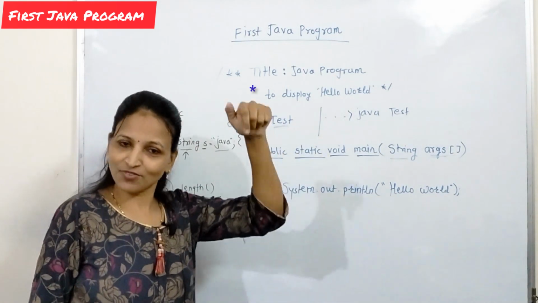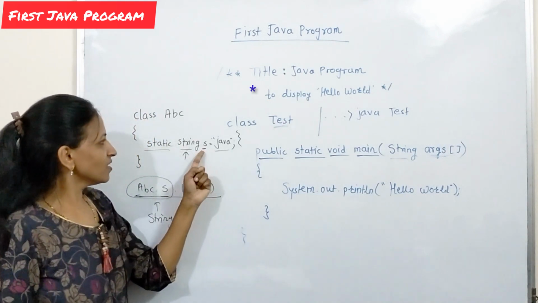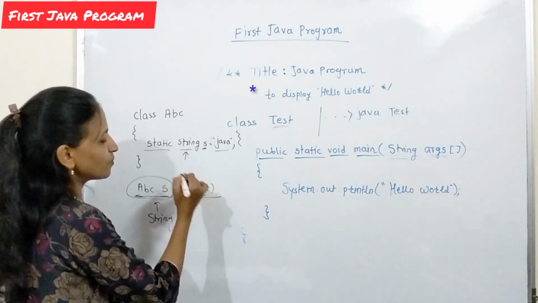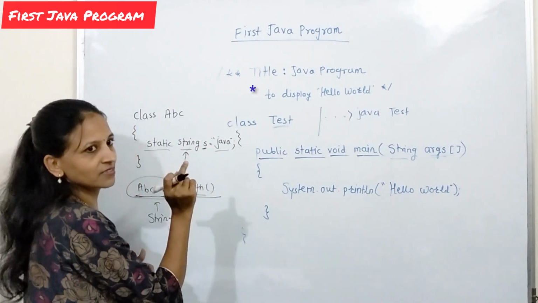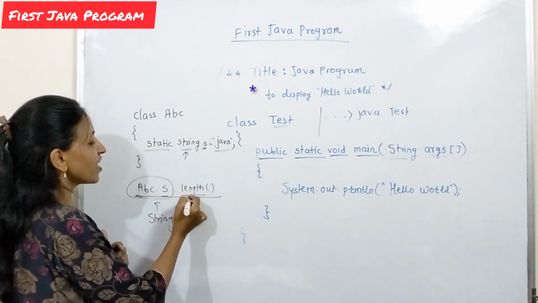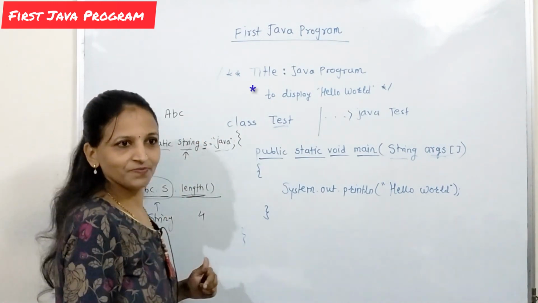That class has one internal method, which is the length method. Now see, abc.s.length. In this way we can find the length of this string. It will give you the value 4.